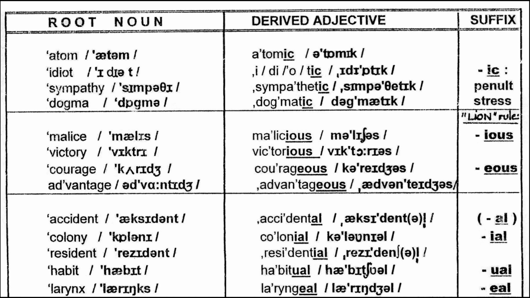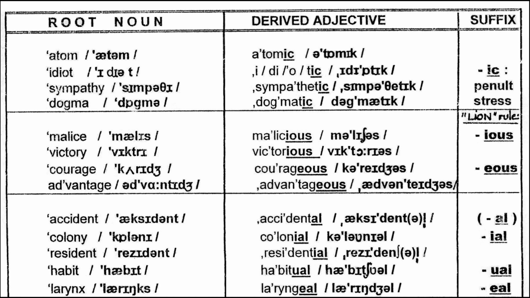When we have added the -ic, it becomes sympathetic. We notice a shift in the stress and a change in vowel quality, from the short e to the a vowel. The next root noun is dogma. It becomes dogmatic. Dogma, dogmatic.